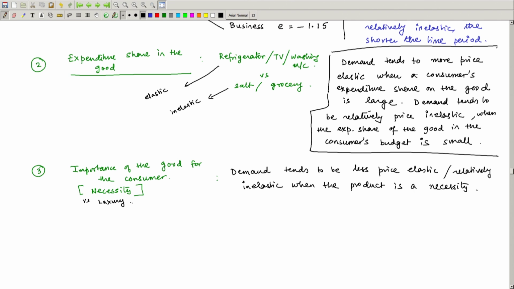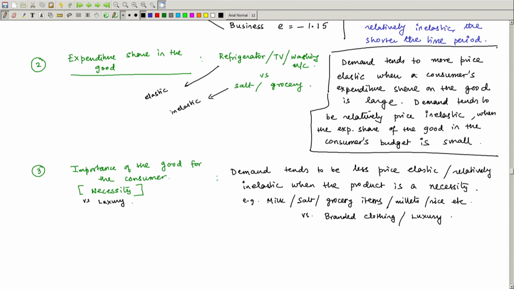So, just keep in mind, for example milk, salt or grocery items, millets, rice, etc., versus luxury items such as branded clothing or a luxury watch. You are going to be far more sensitive to a change in price of these goods.